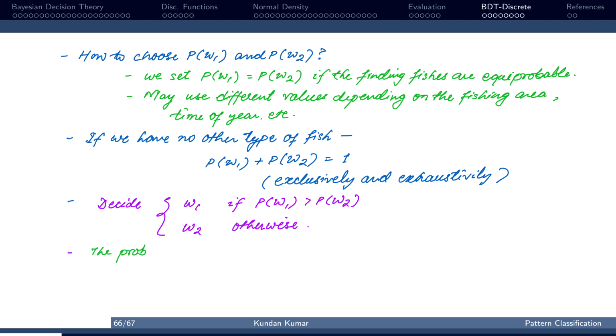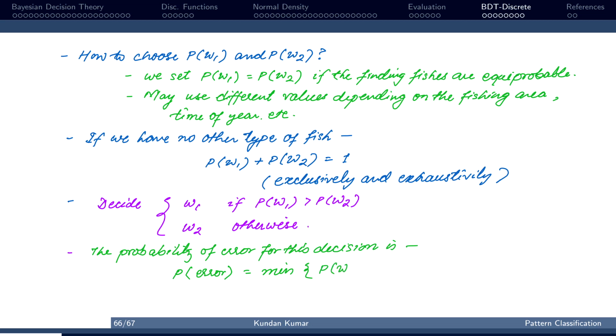The probability of error for this decision is the minimum of the prior probabilities P of omega 1 and P of omega 2.